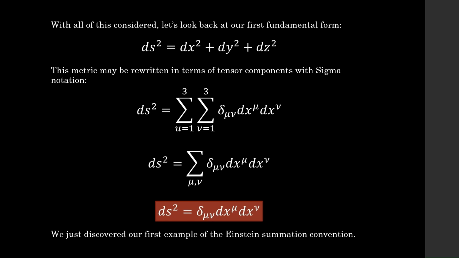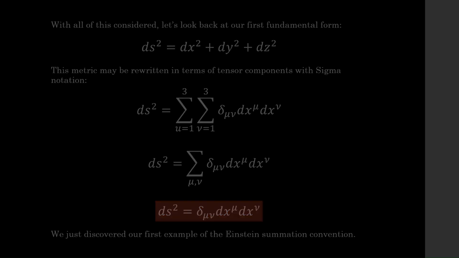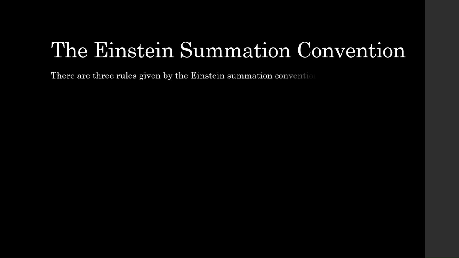So we just discovered our first example of the Einstein summation convention. Let's go over that now. There are three rules given by the Einstein Summation convention, which we will list here. 1.